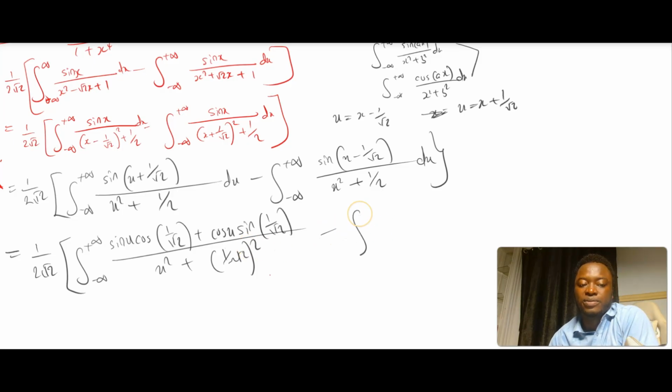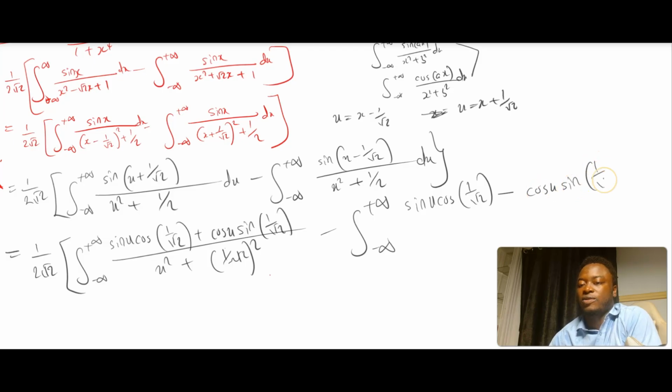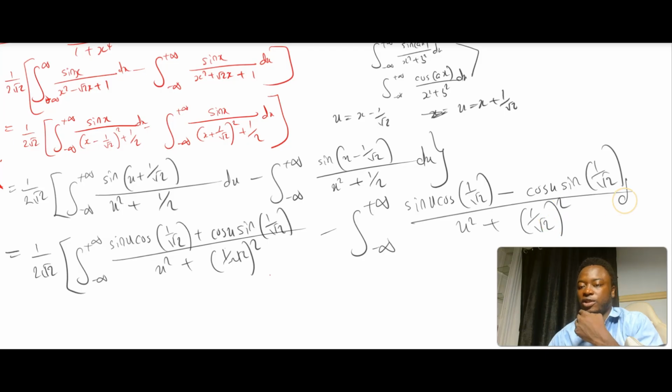And the same thing happens here, negative infinity to plus infinity of sine of u cosine of 1/square root of 2, minus cosine u times sine of 1/square root of 2, all divided by u squared plus 1 over square root of 2 all squared du. Of course, you are not forgetting your du, I hope so.